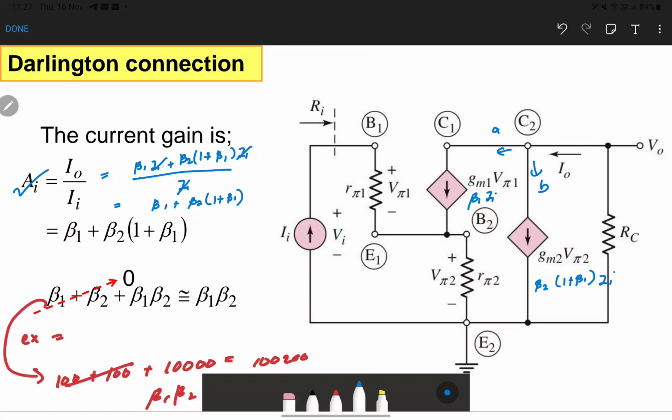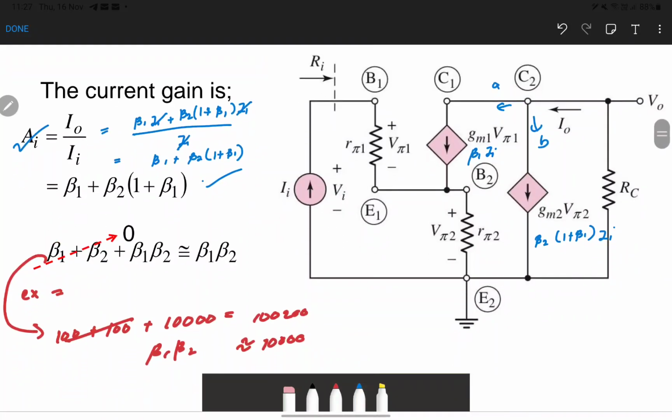So we can cancel the I in. The final current gain is equal to beta 1 plus beta 2 times 1 plus beta 1. When you open the bracket, we get beta 1 plus beta 2 plus beta 1 times beta 2.